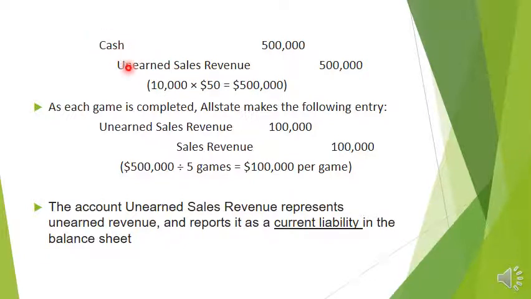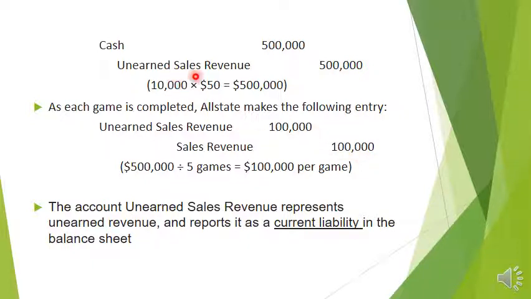Debit cash, credit unearned sales revenue. Unearned sales revenue is a current liability. As each game is completed, Lasted University makes the following entry: unearned sales revenue 100,000, sales revenue 100,000.